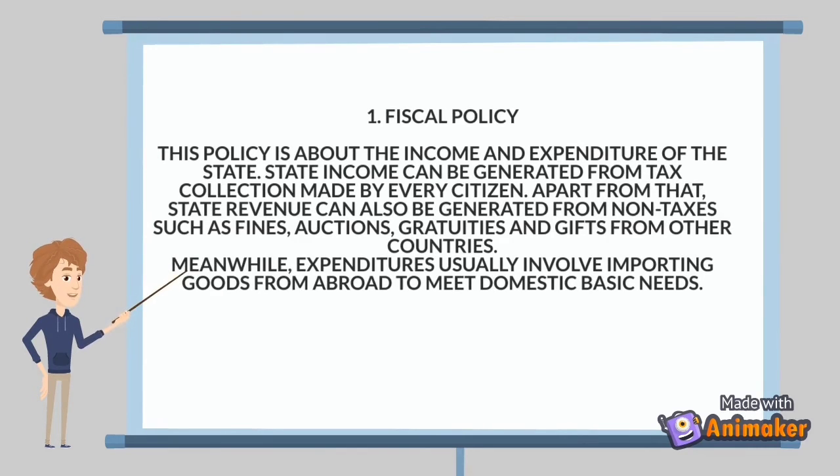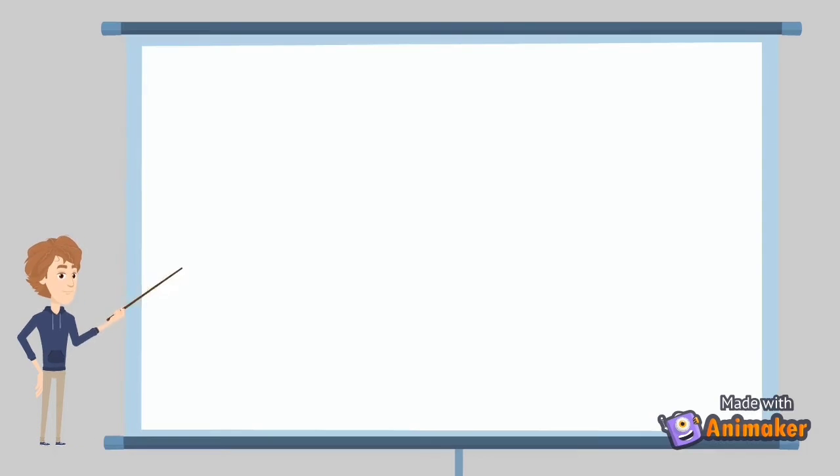State income can be generated from tax collection made from every citizen. Apart from that, state revenue can also be generated from non-tax sources, such as fines, auctions, gratuities, and gifts from other countries. Meanwhile, expenditure usually involves importing goods from abroad to meet domestic basic needs.